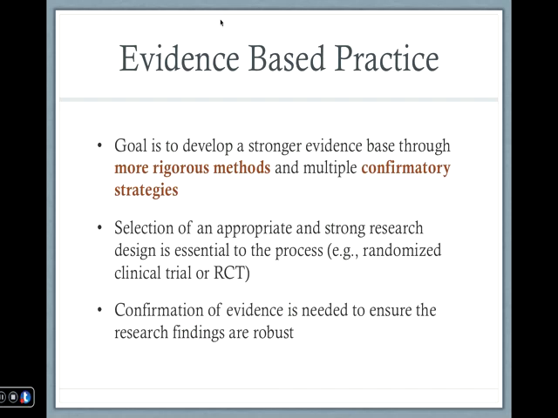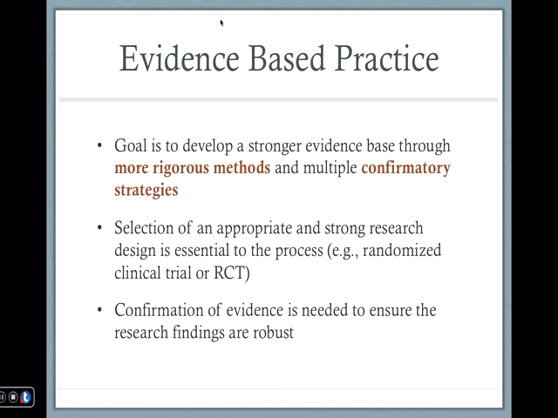And we are going to be talking about that multiple times over the course of this term because this is really the core of evidence-based practice and getting quality research to base your interventions on. Selecting an appropriate and strong research design is the beginning of it all.